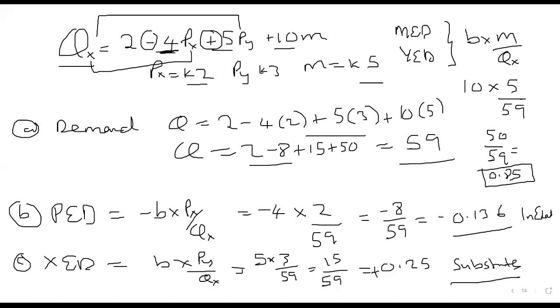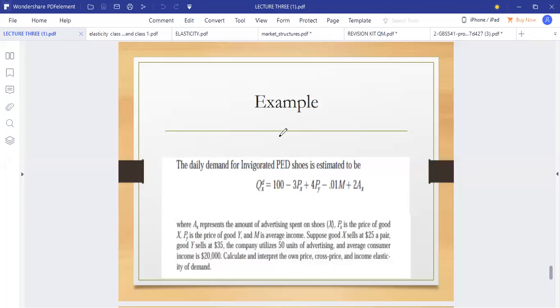This example we're given in this tutorial sheet was as follows. Daily demand of shoes is estimated to be 100 minus 3 Px, and so on.